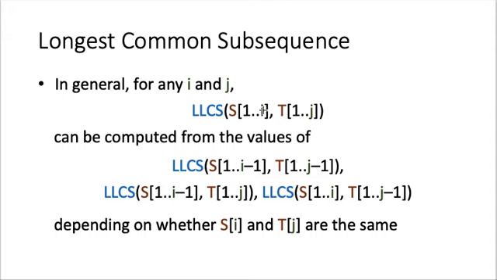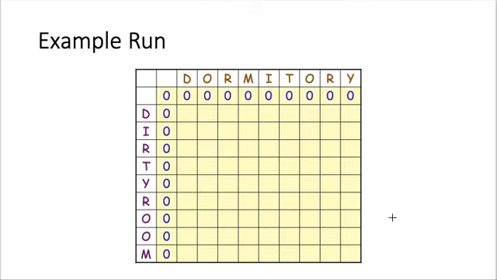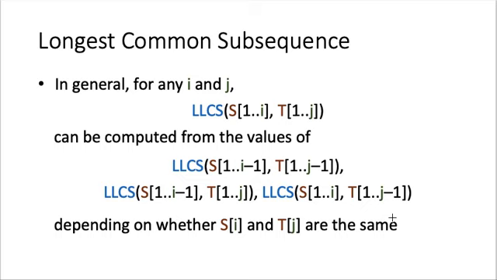This will be the result. On the other hand, if the last characters Si and Tj are different, then it is based on whichever value here and here is larger. It is the maximum of this value and this value. So in that case, this is what we need.